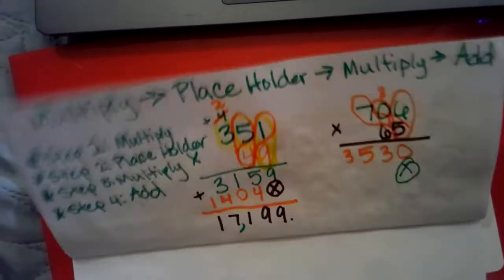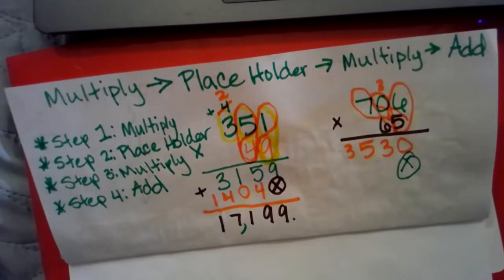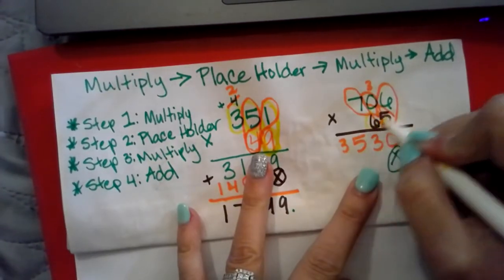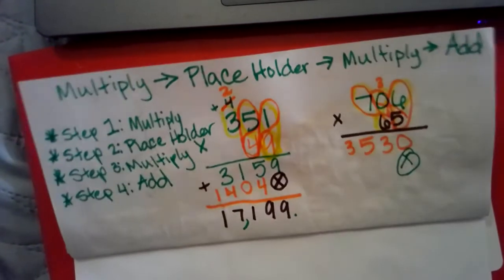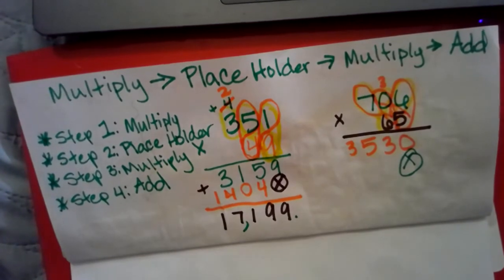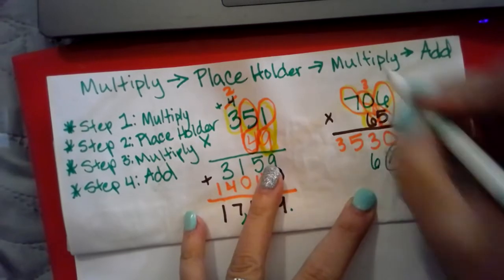And then I'm going to multiply everything by that 6. So the 6 times is 6, then the 6 here, and then the 6 there. Okay. So 6 times 6 is 36. Carry that 3.